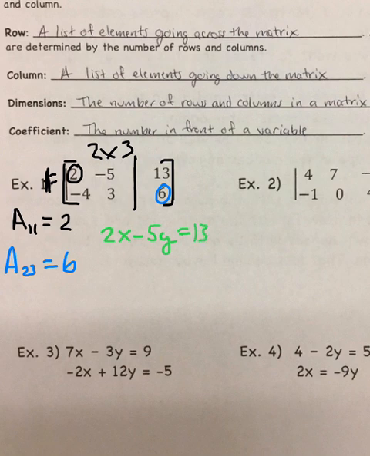And for the second row, it's negative 4x plus 3y equals 6. You can see the matrix is made up of coefficients and constants. When you're writing out the actual equations, you use those same numbers for x and y. Or if you used A and B, C and D, whatever, it needs to be in alphabetical order, but that's how you do it.